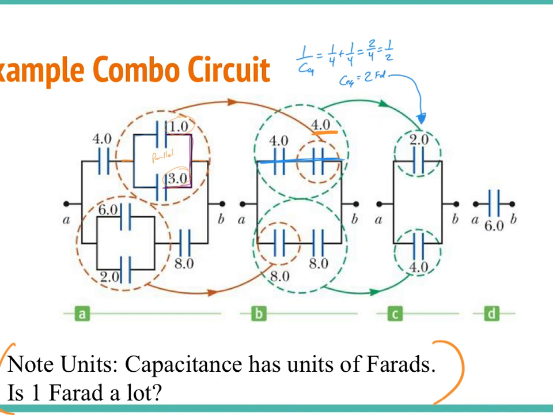Okay, so it might not be the most practical circuit, but it's a good way of visualizing, can you identify 2 capacitors in parallel? Can you identify 2 capacitors in series? And end up with reducing an entire circuit down to a single capacitor.